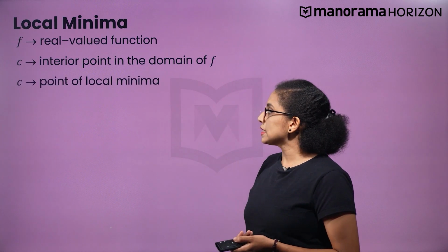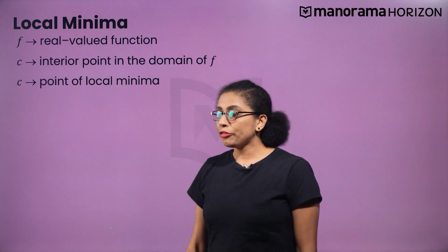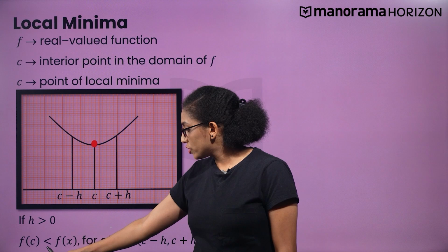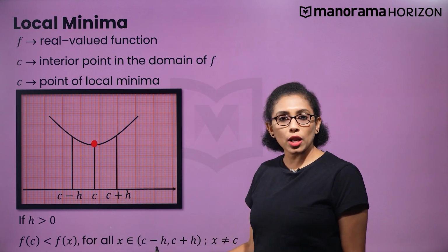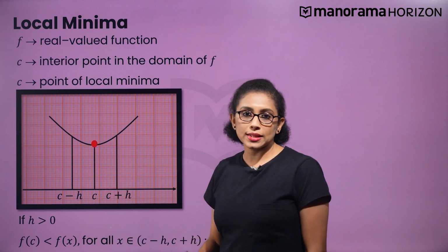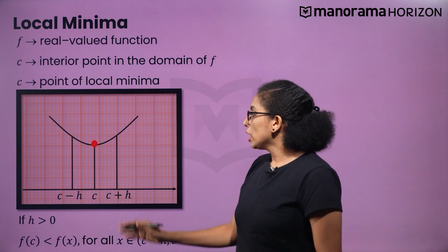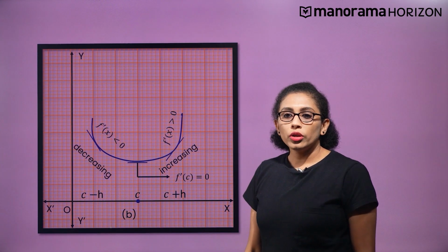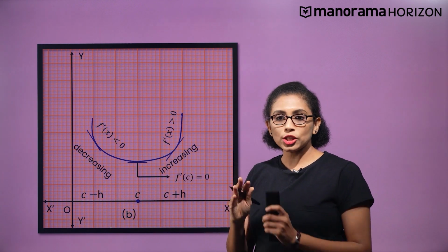Then the point c is called the point of local minima if there is an h greater than 0 such that f(c) is less than or equal to f(x) for all x in the interval (c - h, c + h). And f(c) is called the local minimum value of f, right? Now, if we look at the graph, at the point x = c, f'(c) = 0.